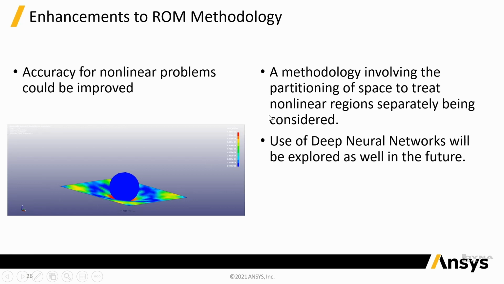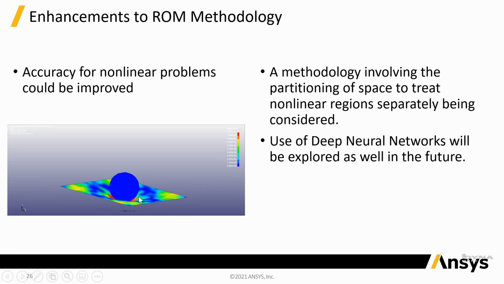So the idea is to divide it into any number of regions, basically, which would be automatically determined by LS-OPT. And then LS-OPT will build a separate ROM for each of those subregions.